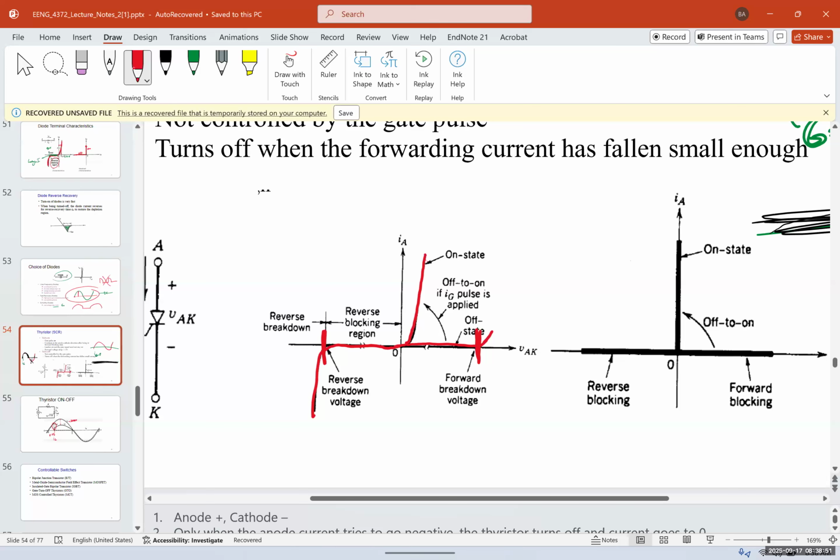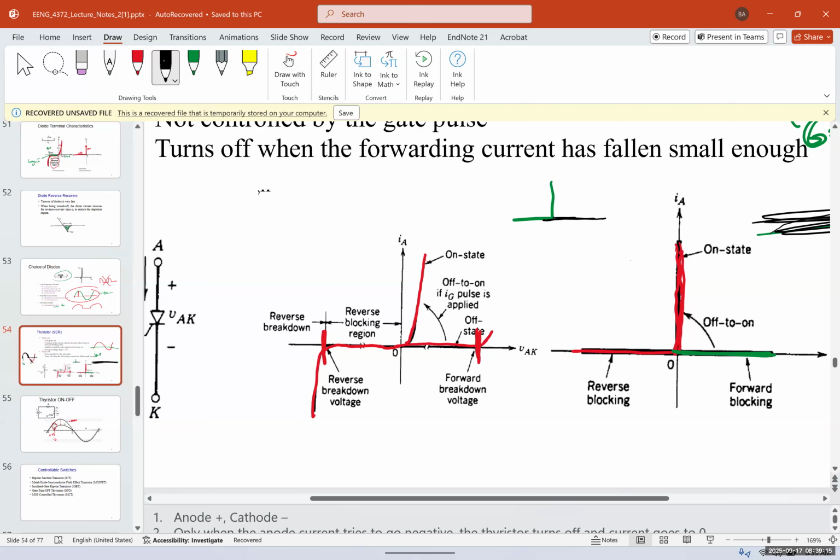Now, for an ideal thyristor, the on-off part is again exactly like the diode, which I'm drawing with red. But for forward blocking, we also have another one, which I'm going to draw with the green one, which looks like this. So a diode was like this, and a thyristor has this part.